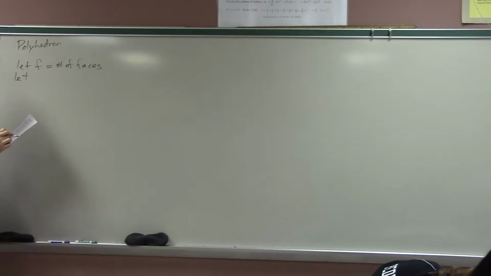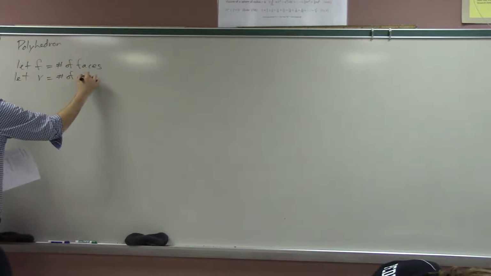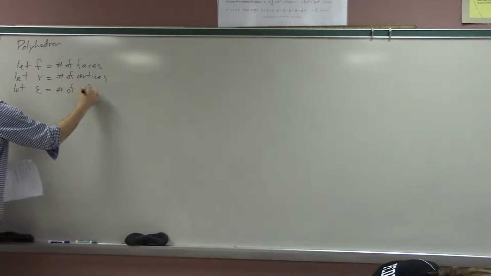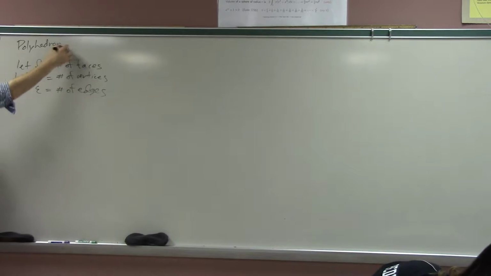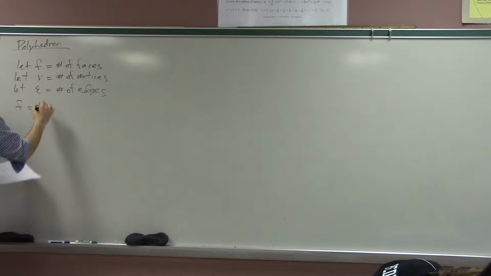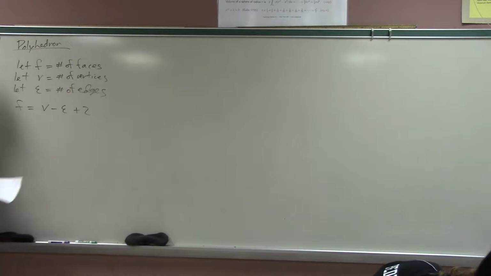Let V be the number of vertices, and let E be the number of edges. In any polyhedron, the number of faces is the number of vertices minus the number of edges plus 2.